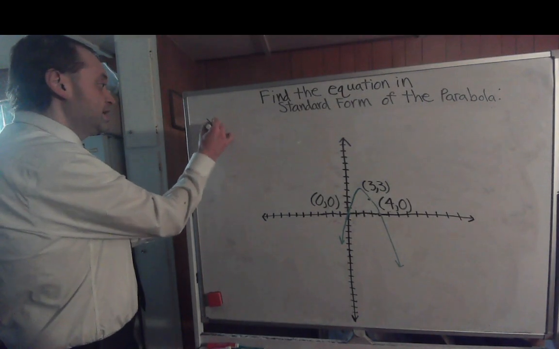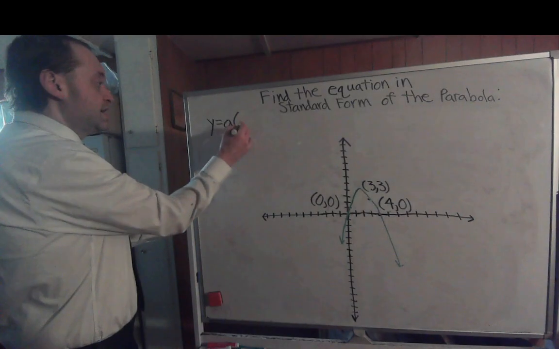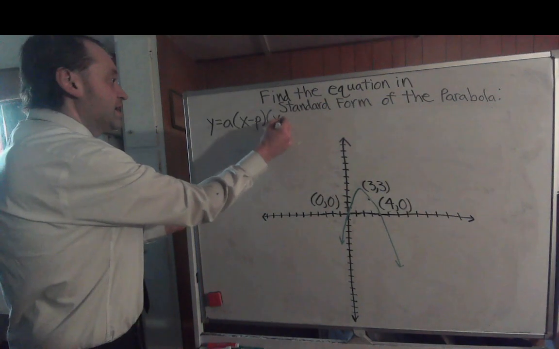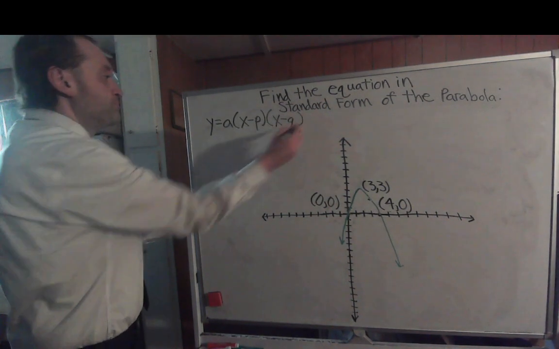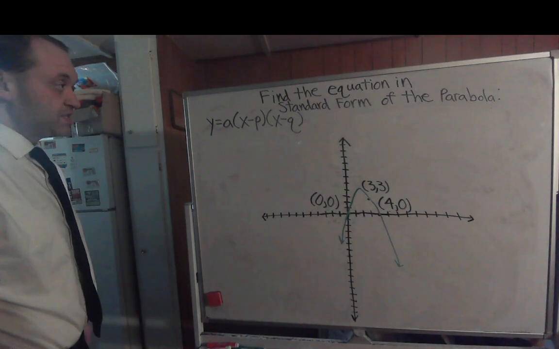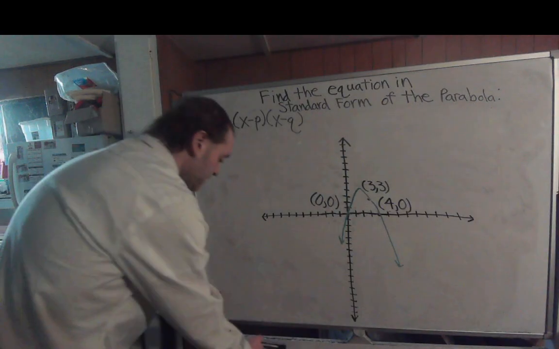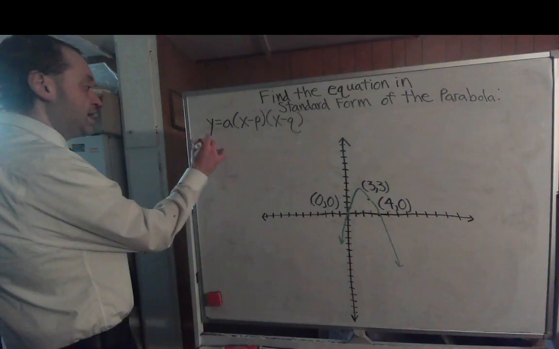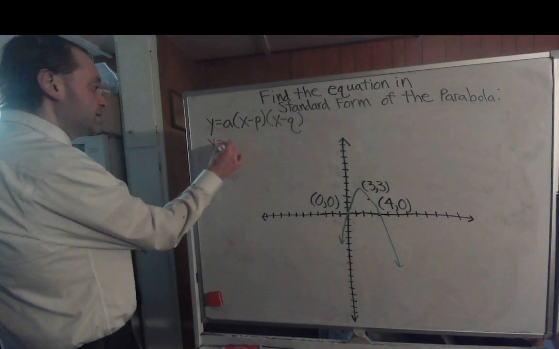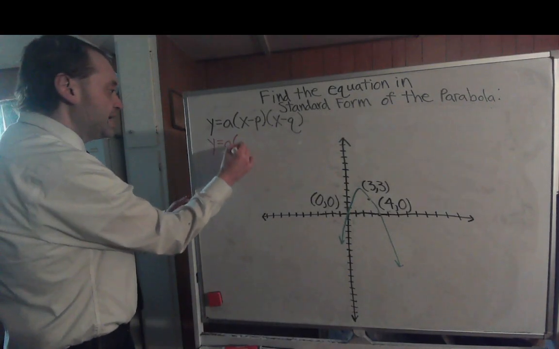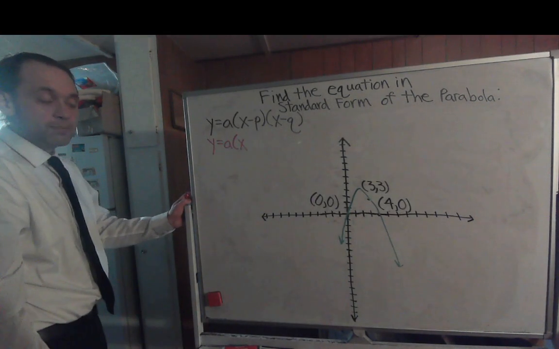So y would equal that a times the quantity of your x minus p times the quantity of x minus q, which in this case then, let's make it specific to this case. So y would equal a times x minus your first intercept.